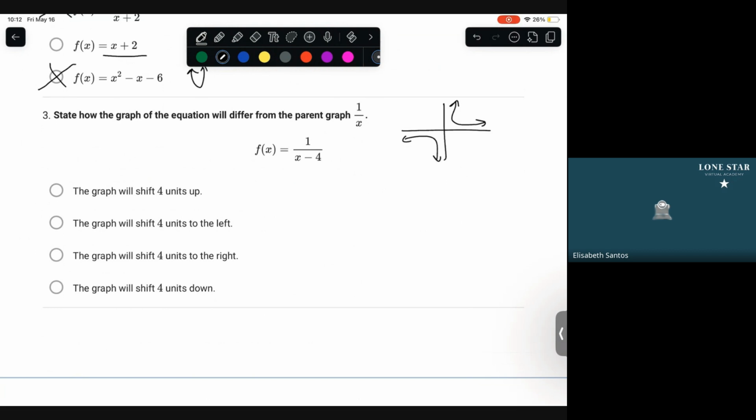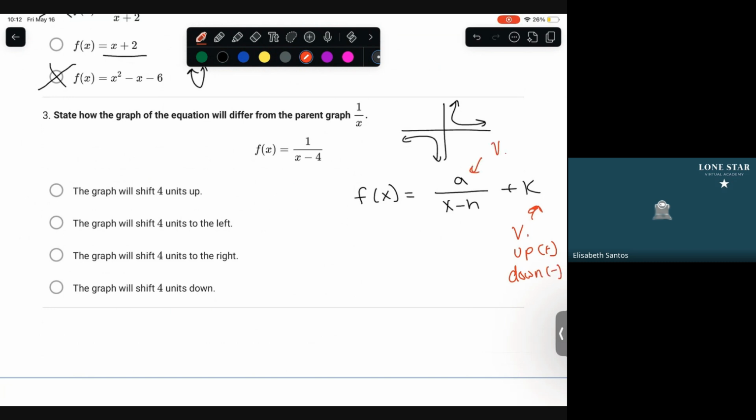So we'll also need to know the general graphing form of our rational functions, and that is a over x minus h, plus k, where k is a vertical transformation, and you're either going to go up if you see plus or down if you see minus.